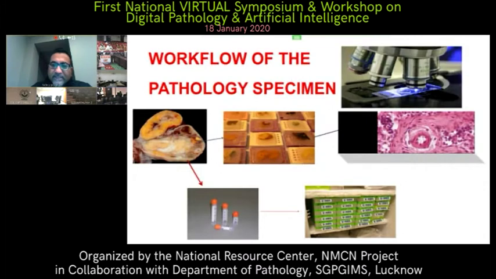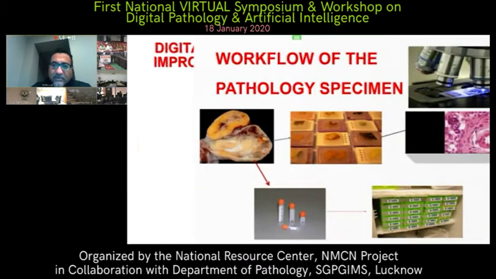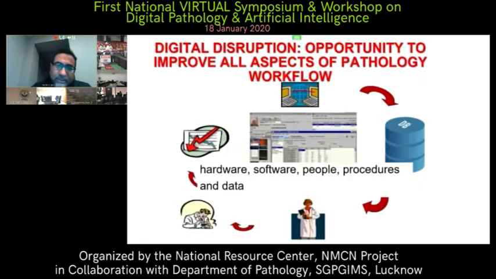So when you digitize your workflow, you have an opportunity to improve all aspects of pathology workflow. Even before you buy the first scanner, you have already fixed a lot of issues which are not standardized in the lab.